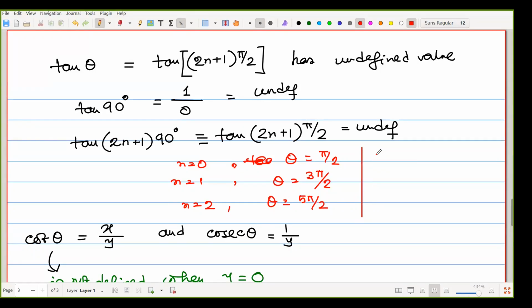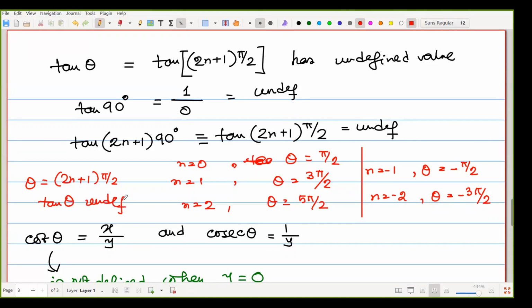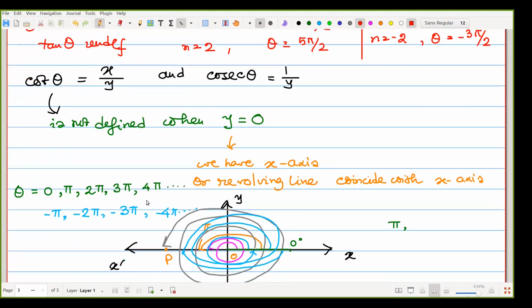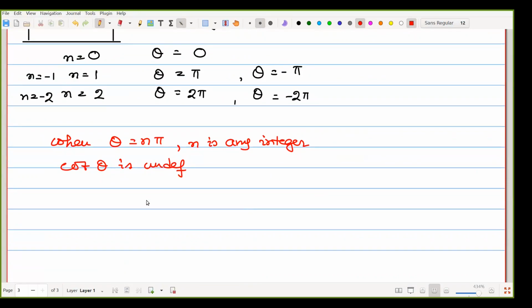Or it may be n is equal to minus 1, so theta is equal to minus pi by 2. n is equal to minus 2, in that way, theta is equal to minus 3 pi by 2. So simply we can say, when theta is equal to (2n plus 1) pi by 2, tan theta is undefined, and when theta is equal to n pi, we have cot theta is undefined.